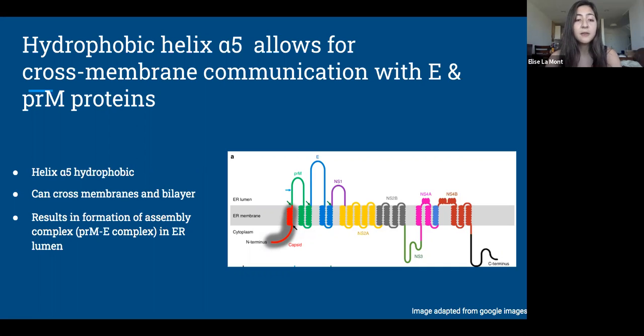In conclusion, the 5th alpha helix on the capsid protein serves as an important communicator between the capsid and the surface glycoproteins E and PRM, as well as serves to ensure that the virus is packaged properly to protect viral RNA.